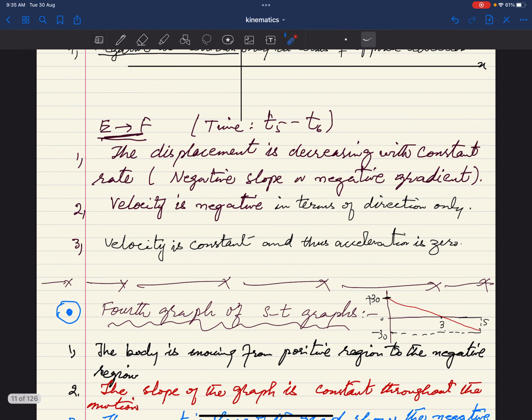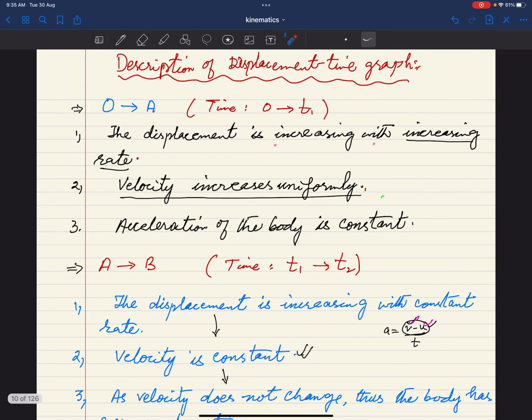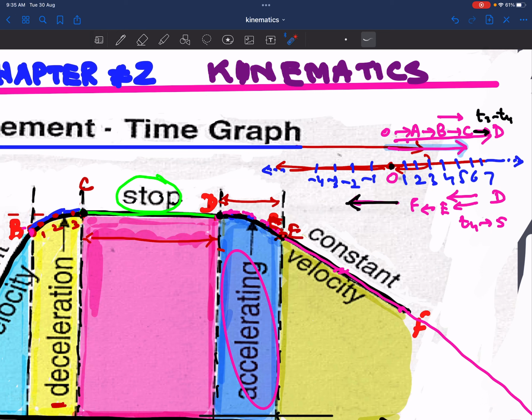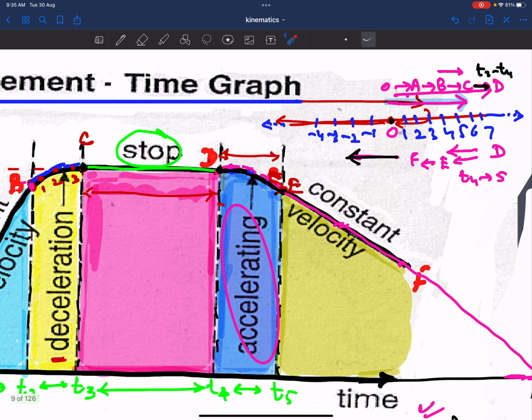Now as far as E to F is concerned, again you can say that the displacement is decreasing with constant rate. I have already explained that from point E to F, the velocity is constant, but the displacement is decreasing because you are coming towards O. So this displacement, which is basically the final displacement, is decreasing.